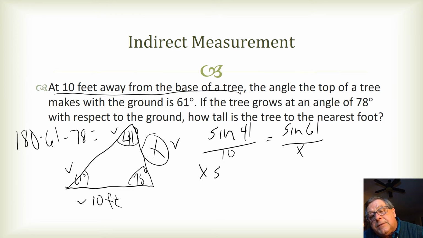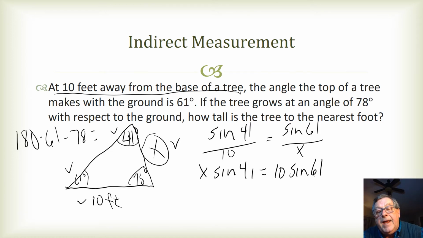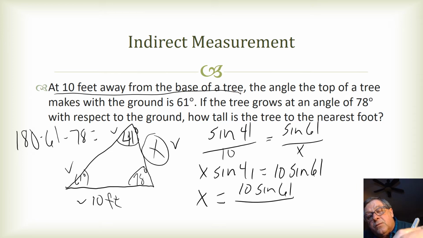I got x times the sine of 41 equals 10 times the sine of 61. And to isolate the x, how tall the tree is, I can divide both sides by the sine of 41. And when I do, I've got 10 times the sine of 61, divided by the sine of 41. And that should give me an approximate measure to the nearest foot of how tall that tree is.